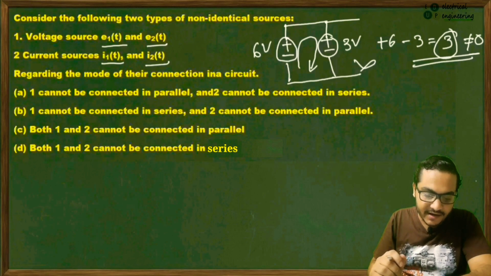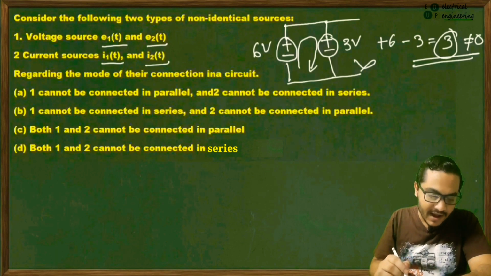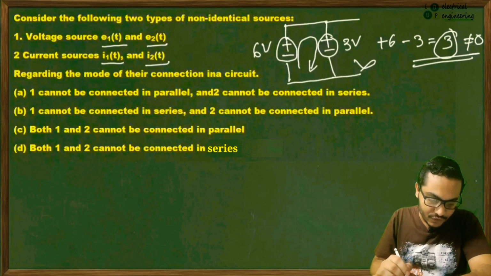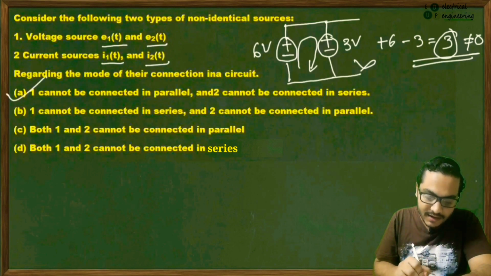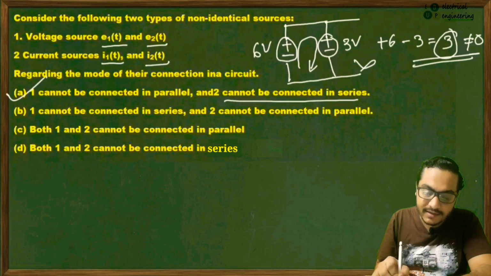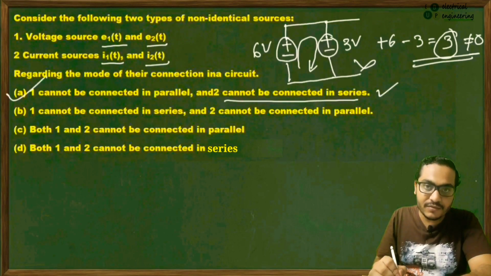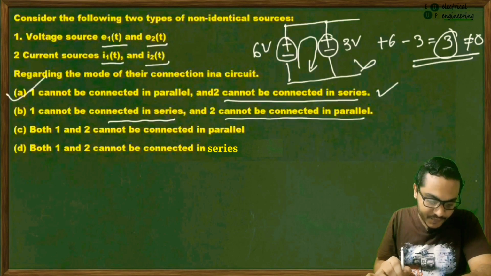So we can't connect two current sources of different magnitude in series, and we can't connect two voltage sources of different magnitude in parallel. So option A is the right answer, that is one can be connected in parallel and two can be connected in series. Now let us check what option B says: one can be connected in series and two can be connected in parallel. So one cannot be connected in series.